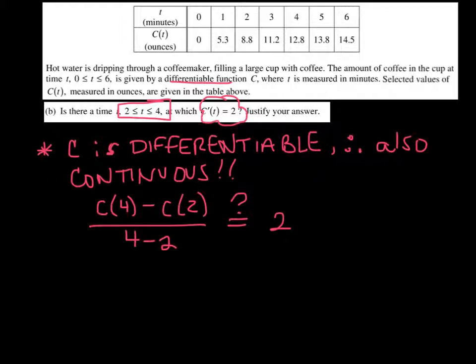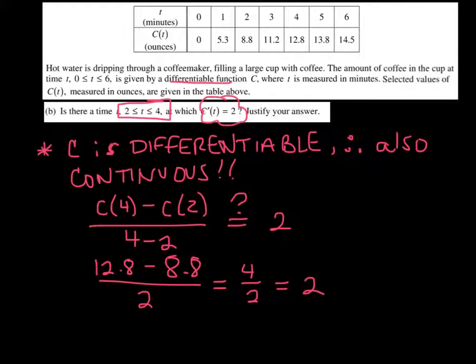Okay, and so C of 4 is, of course, 12.8 again. C of 2 is 8.8, and I'd be dividing it by 2. And so what I have here is 4 divided by 2, which is 2.